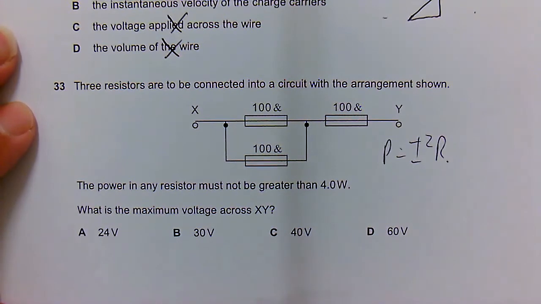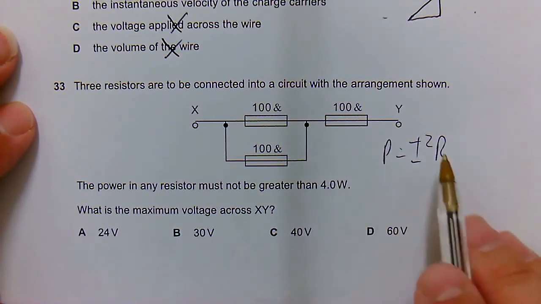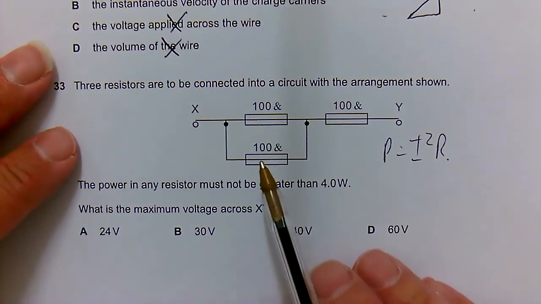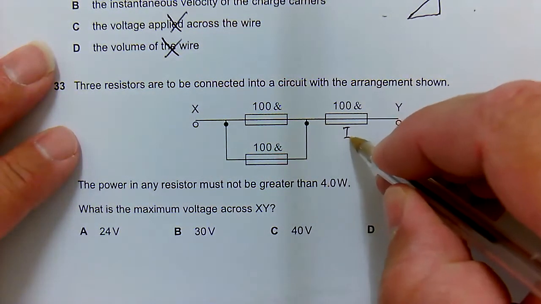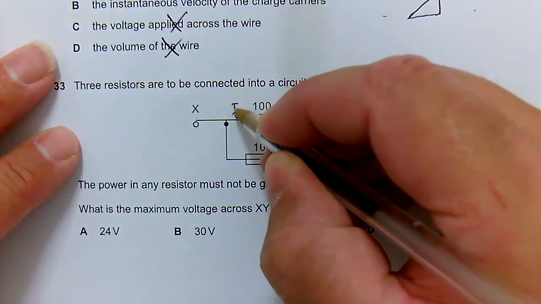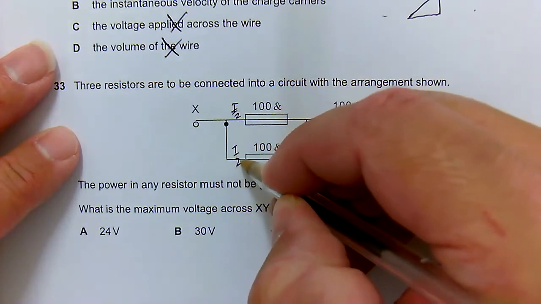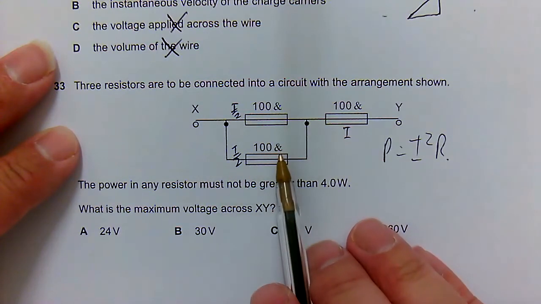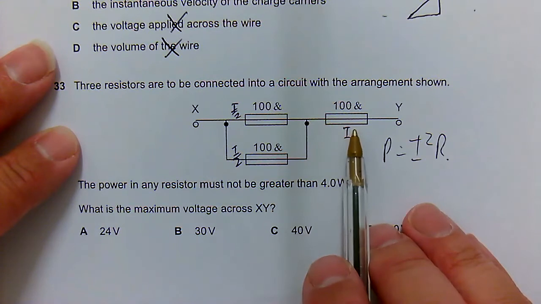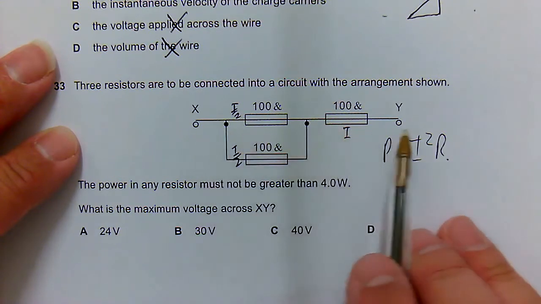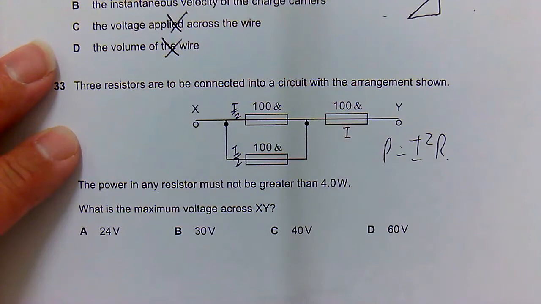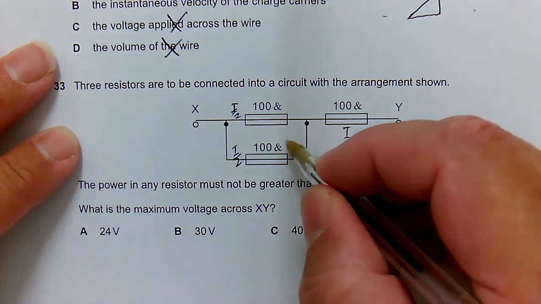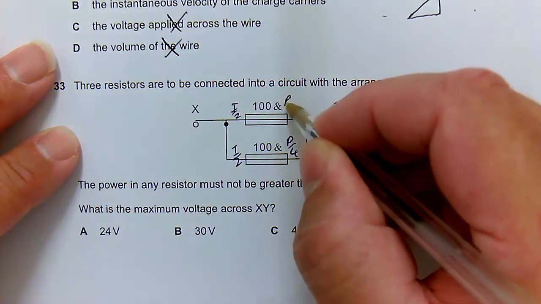You could tie yourself in knots trying to go through all the formulae. You could use the power equation, but actually you can do a little bit of inspection. You know the current through here is going to be twice the current flowing through each resistor, okay? If you've got half the current flowing through each of these, adding up to the total current flowing through here, then as P is equal to I squared R, each one would have dissipated power of power over 4.